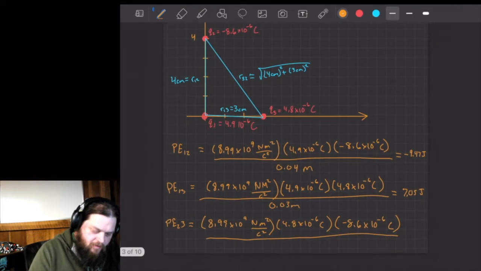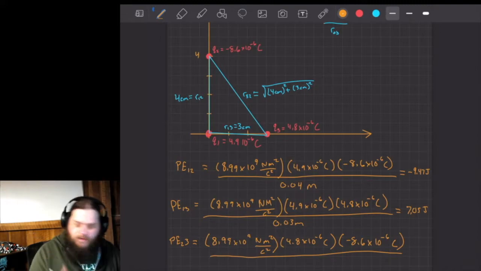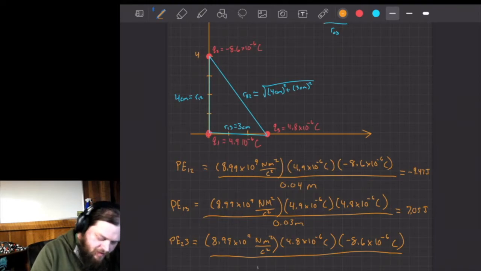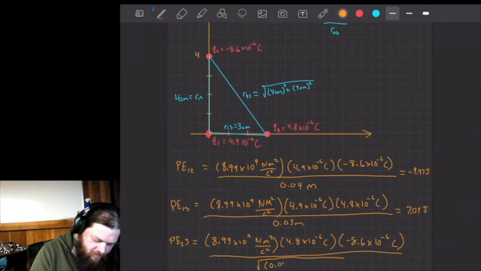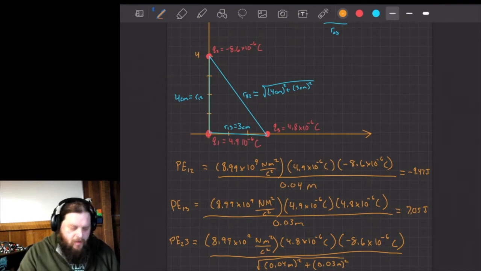Here, we have to use the square root because it's the distance between them. Since it's at an angle, we can use the Pythagorean theorem to figure that out. So that's the square root of 0.04 meters squared plus 0.03 meters squared. Plug that into our calculator.